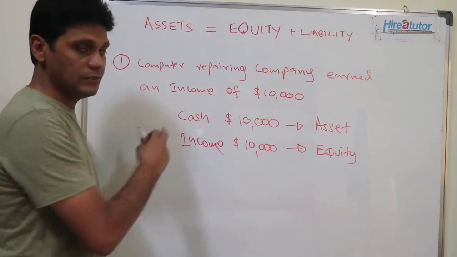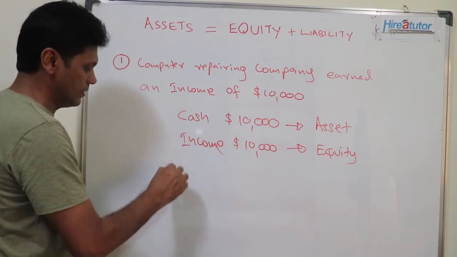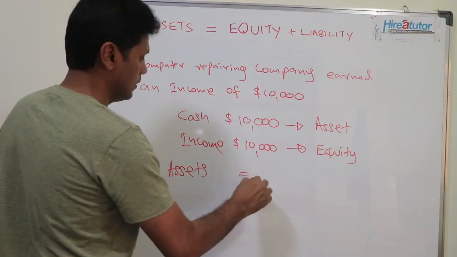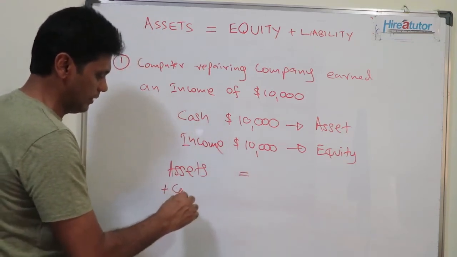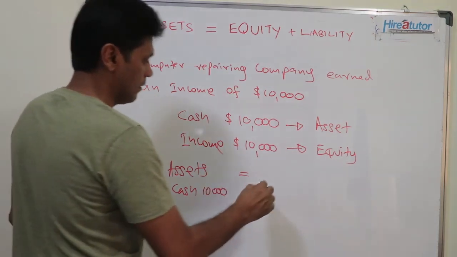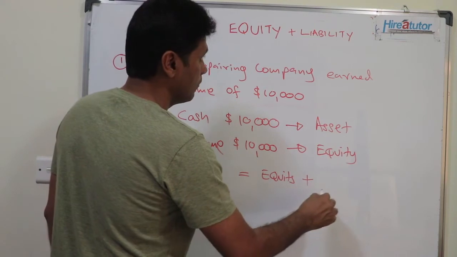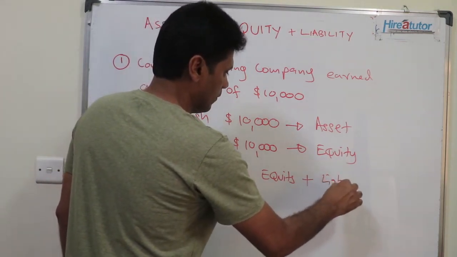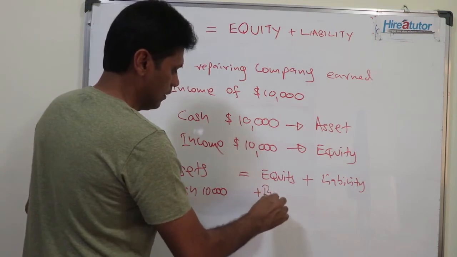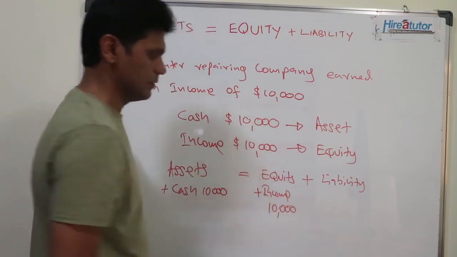Since the company has received cash 10,000, under assets, your cash will increase by 10,000, and since it's an income belonging to the owner, income will increase by $10,000.